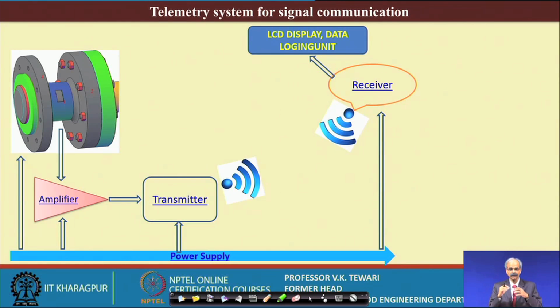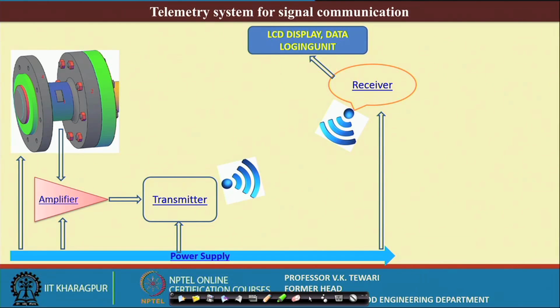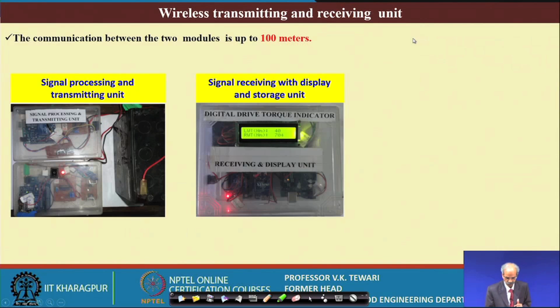People have tried on rotating shafts with slip rings and all that, but then you have to have those wires connected for a long duration and long length. So, this is the beauty here, that we have not used that, and we have used a telemetry system for logging the information. You can see here there is an LCD display, and the data logging unit is somewhere here, and we are in a position to get this.